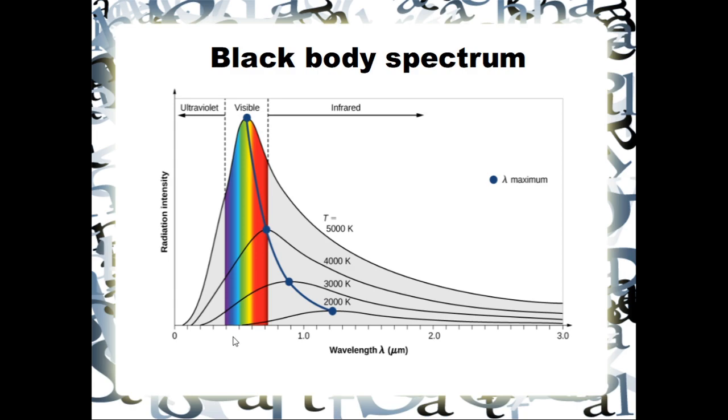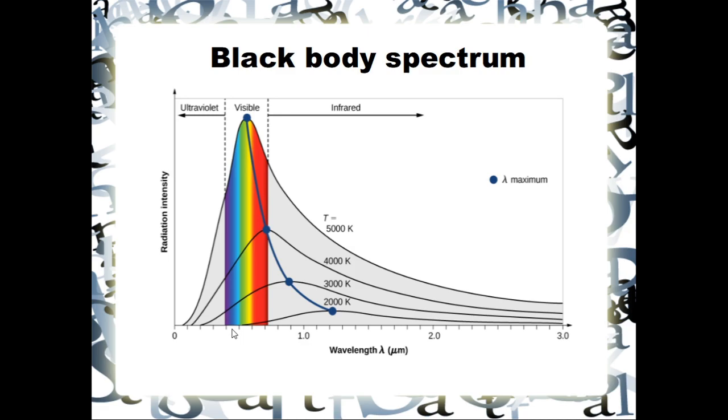When a body is hotter, it's blue, and progressively it becomes red as it cools. You know the relation between energy and frequency, E equal to h nu, where nu is the frequency. That is, higher the frequency, that corresponds to higher energy, that is higher temperature.